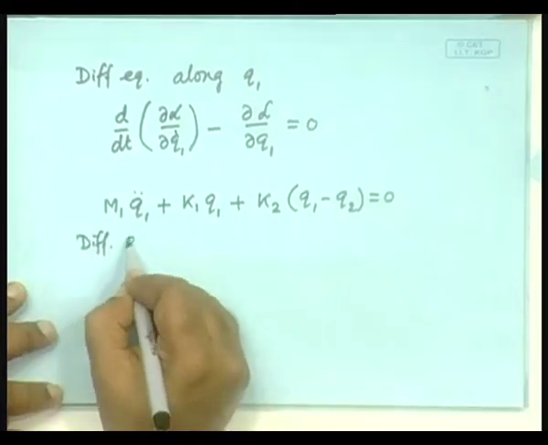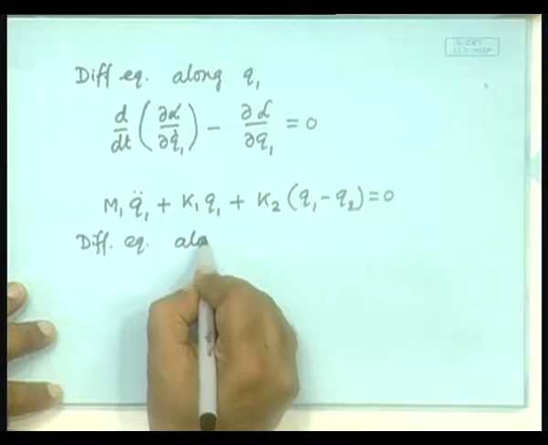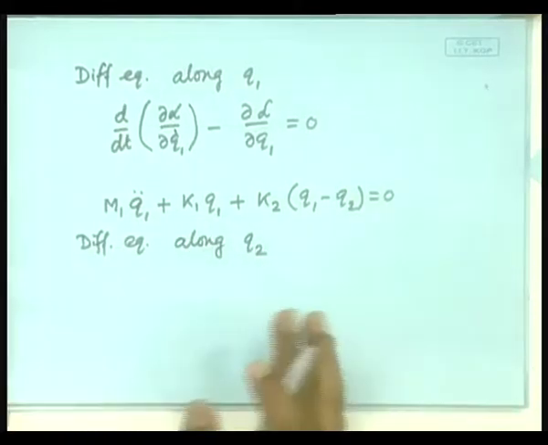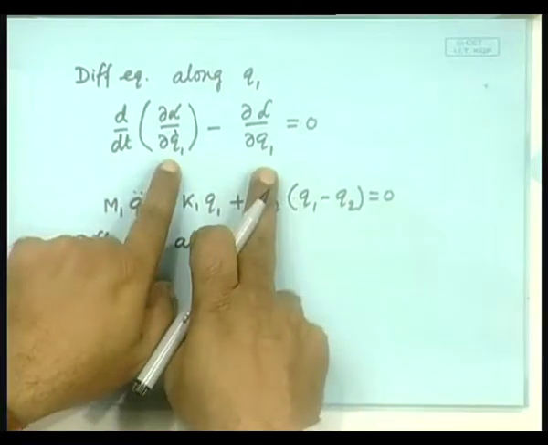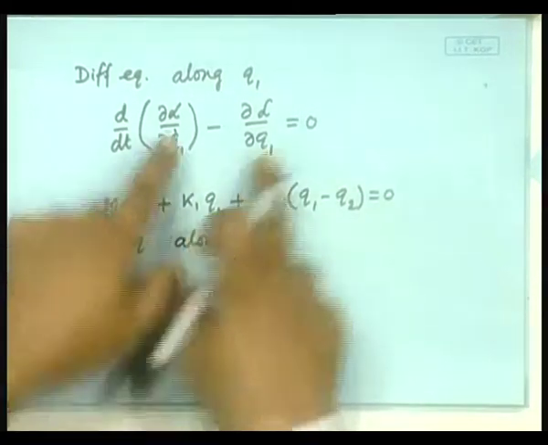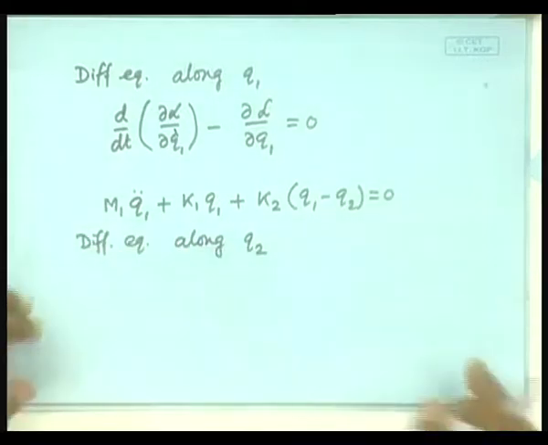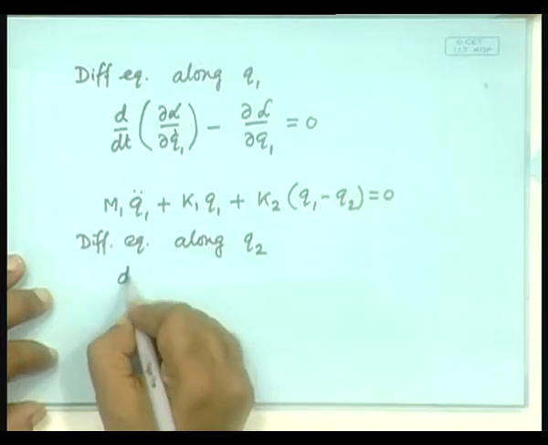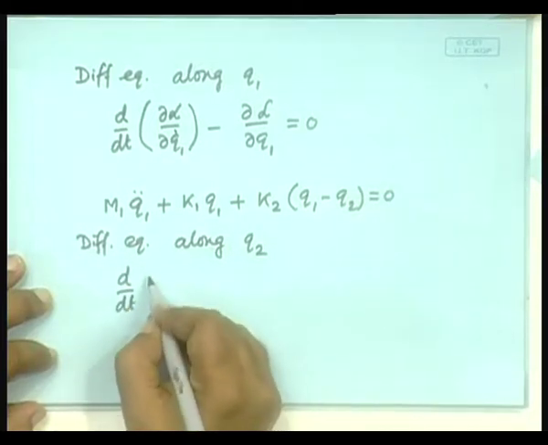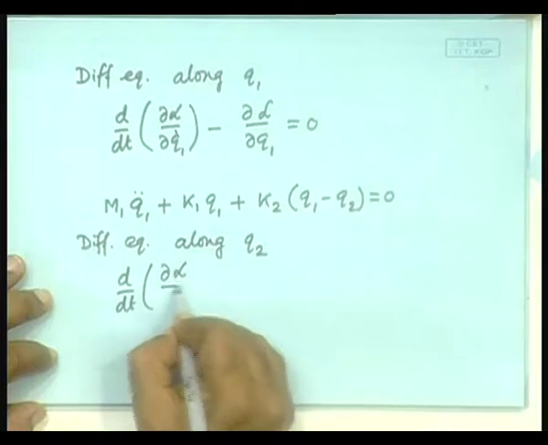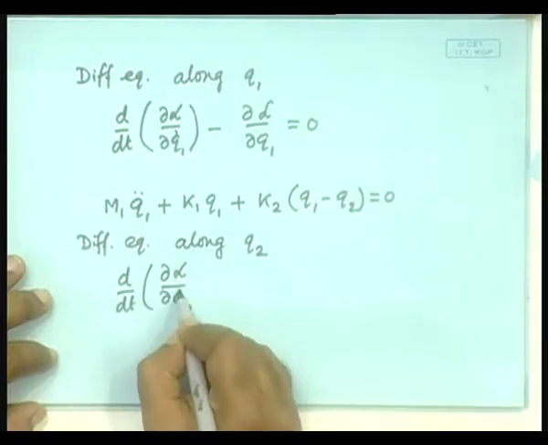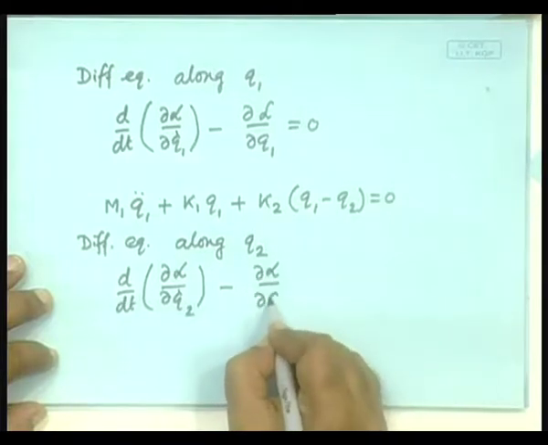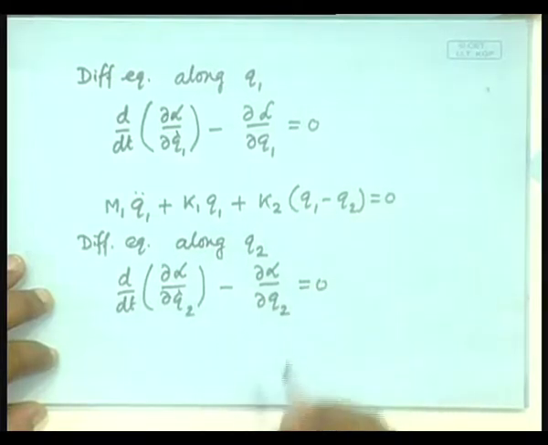The differential equation along q2 will be, notice the advantage of this formalism, that simply by substituting q1 with q2 you get the corresponding differential equation. It will be d dt of the Lagrangian with respect to q2 dot minus the Lagrangian with respect to q2 is equal to 0.